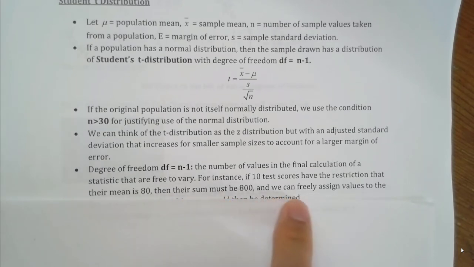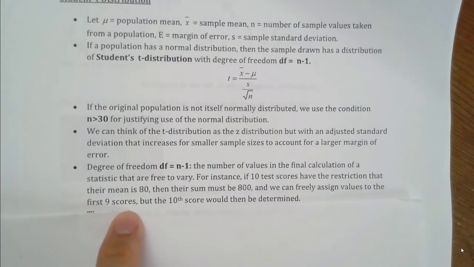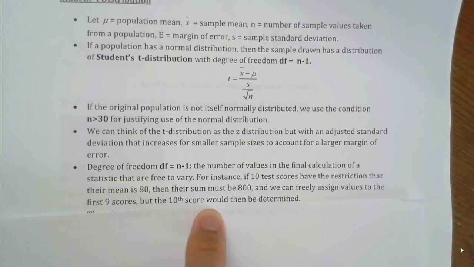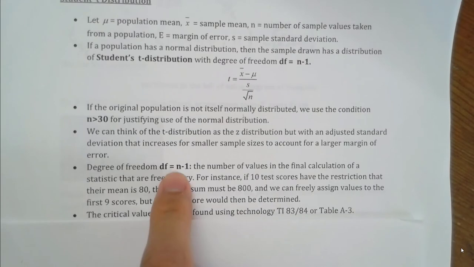And we can freely assign the values to the first 9 scores. But then the 10th score would be determined to make sure that the sum is 800. And therefore, we always have one less than the total sample size for the degree of freedom.